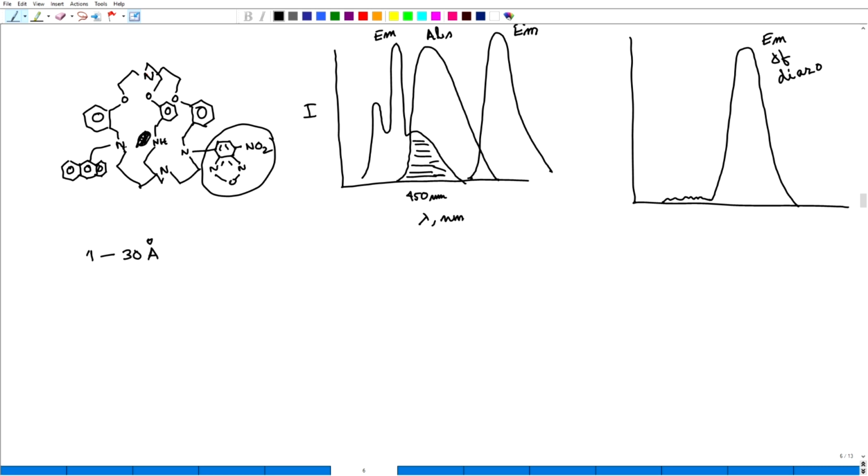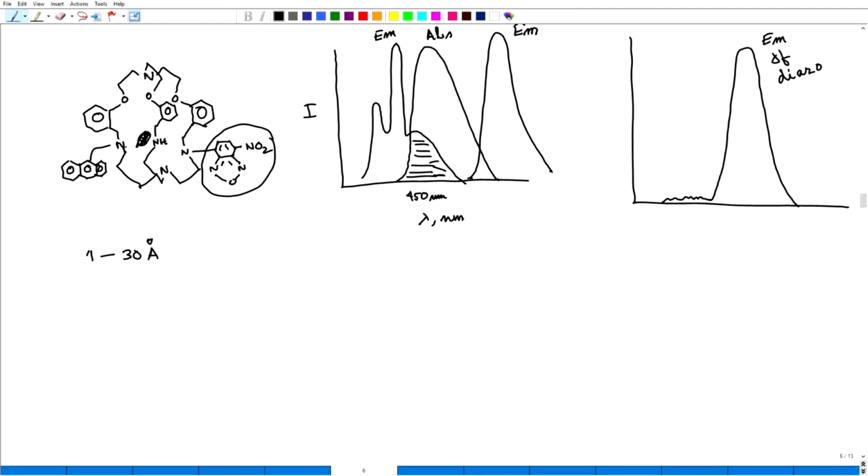We have done the measurement of distance from this value, and that came out to be quite accurate, maybe around 15.5 angstrom, something like that. So, these are very accurate systems. Therefore, these two fluorophores are within 30 angstrom, and this is important.